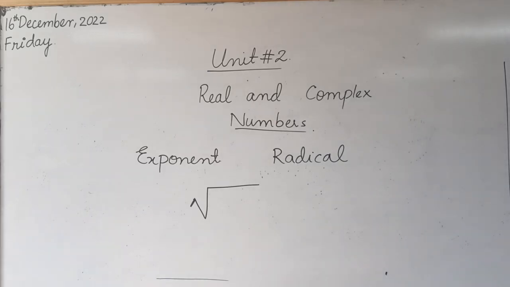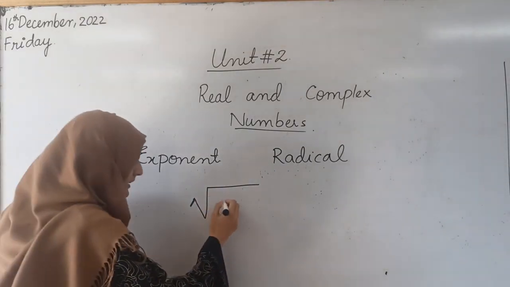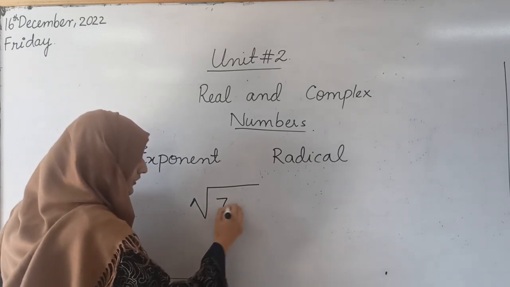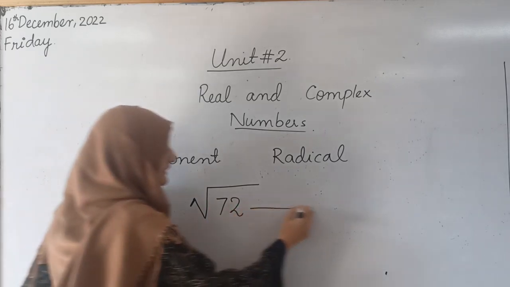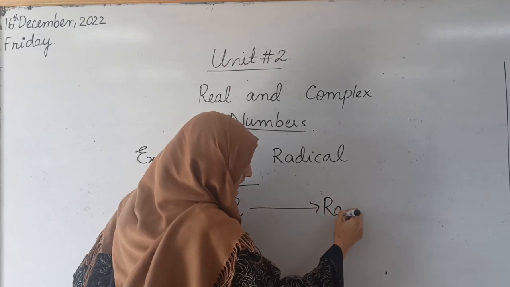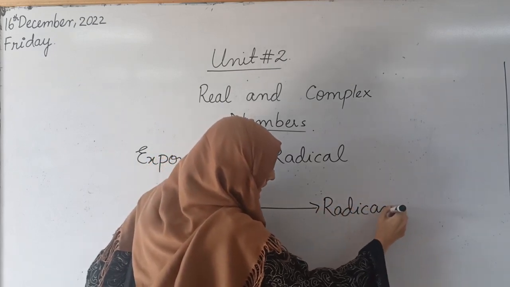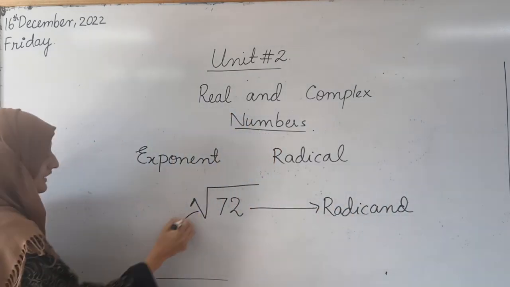Usually we say that this is the sign of square root, but this is not square root. This is a radical sign, and the number inside this radical sign, for example 72, is called the radicand.